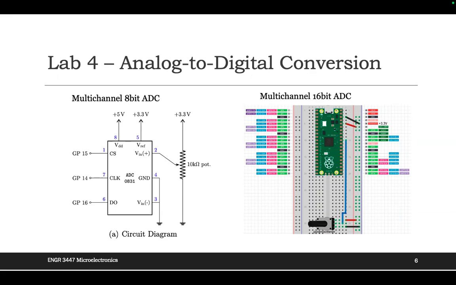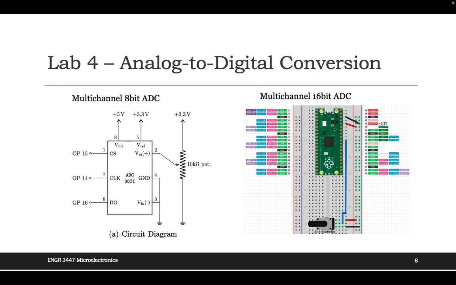Any question? This is just how to convert analog to digital. Because you can see the Pico here, it can only deal with digital signals, am I right? We talked about that. The Pico can only deal with digital signals because a pin only reads high or low, 3.3 or 0.